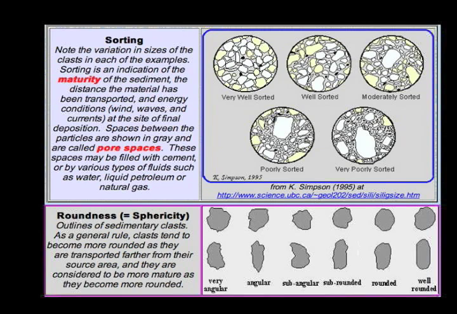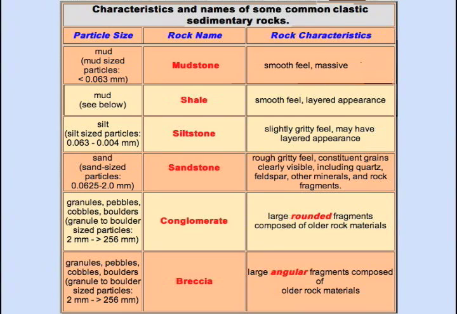Together, these criteria, along with their content of minerals other than quartz, give clues as to their maturity, how long they have traveled, and the distance from their source. In addition, these mechanical clastics have many other names, qualifiers, and subdivisions.